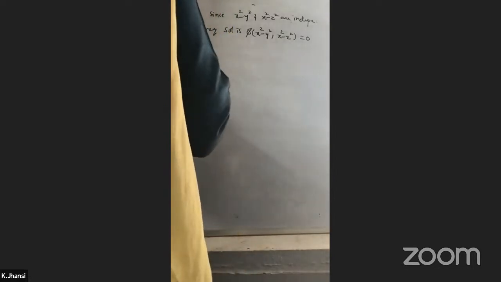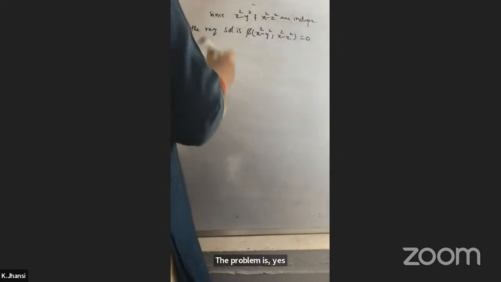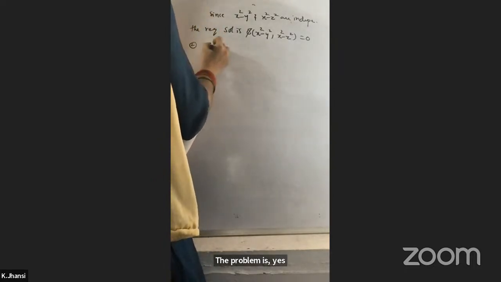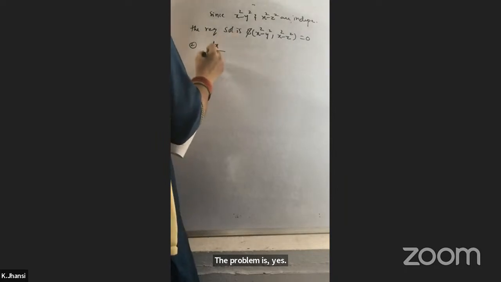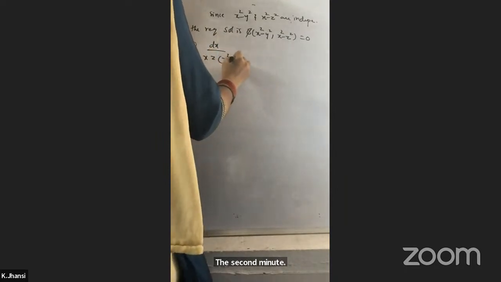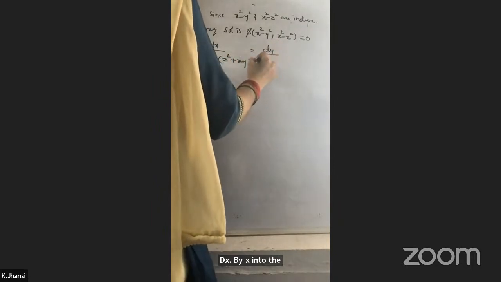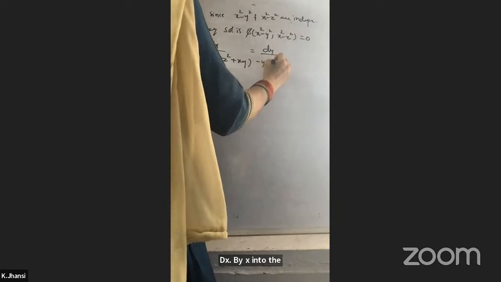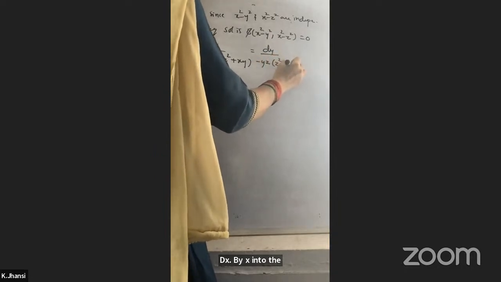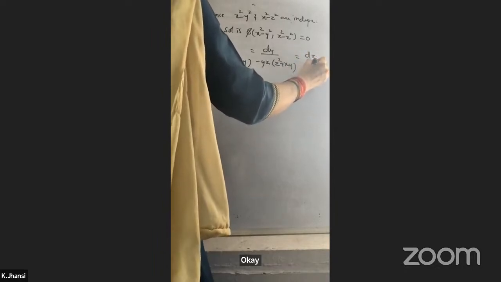So another problem is, the second method. dx by x into z of z square plus xy is equals to dy by minus yz, z square plus xy is equals to dz by x to the power of 4.